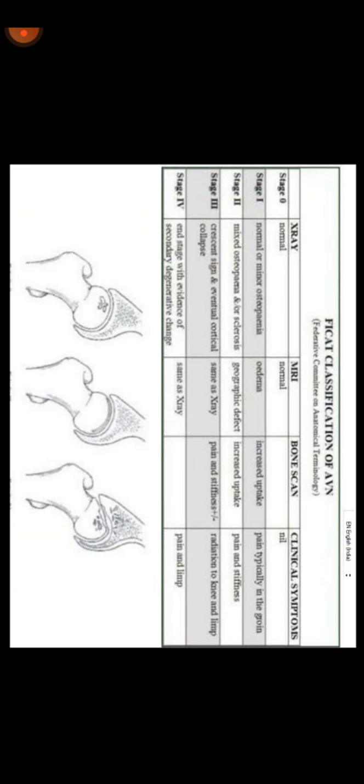Please rule out infection at the same time. If there is no infection, then start the treatment as if the patient is developing avascular necrosis. And if you prevent further damage, nothing like it. That is very important.